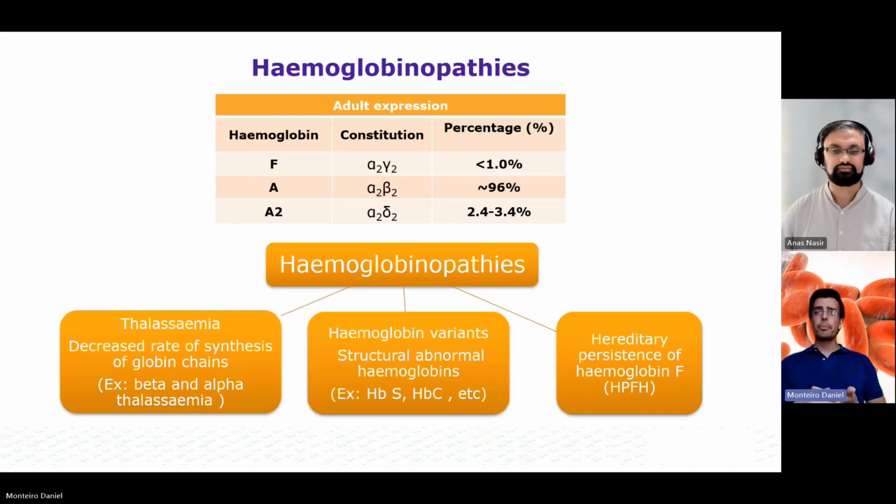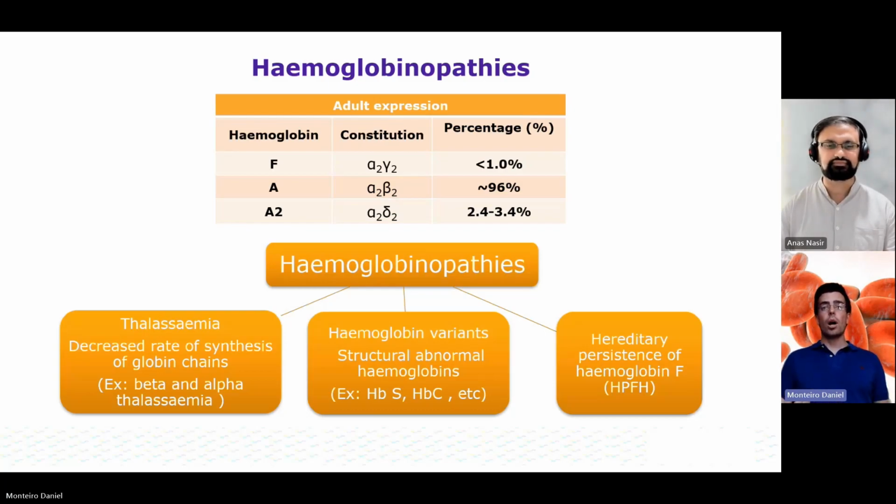It sounds like a very complicated name, but in essence it just means that out of the genes that we just looked at, some of them are not producing, shall we say, the normal quantity that we're expecting. So it's a decreased or reduced rate of synthesis of certain globin chains that we discussed. And depending on where the mutation or the causative factor is, it could be called beta thalassemia or alpha thalassemia, depending on whether it's on the beta genes or the alpha genes.